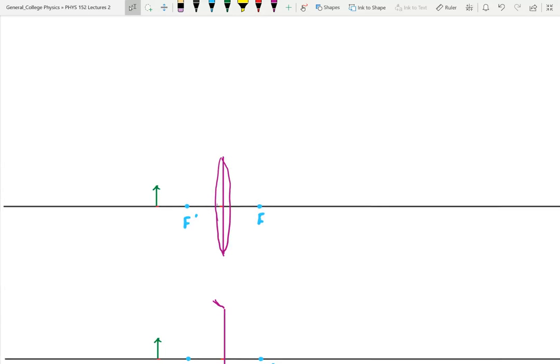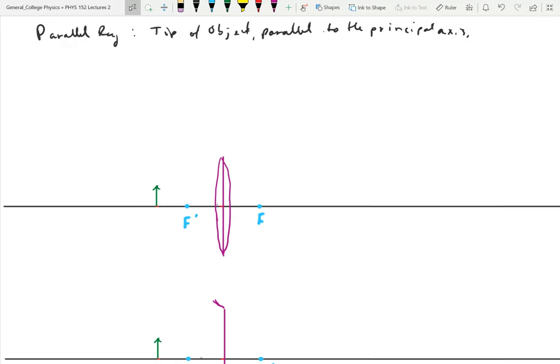Now, I need to draw my 3 rays that we talked about. So we have the parallel ray that goes from the tip of the object parallel to the principal axis and then refracts through the primary focal point.